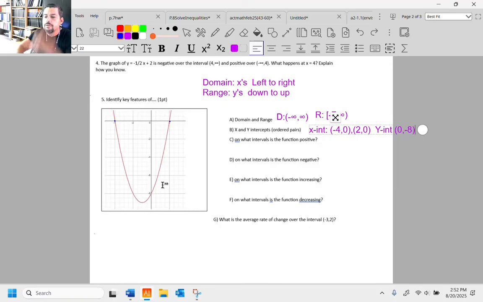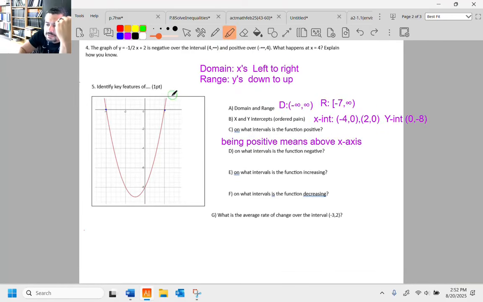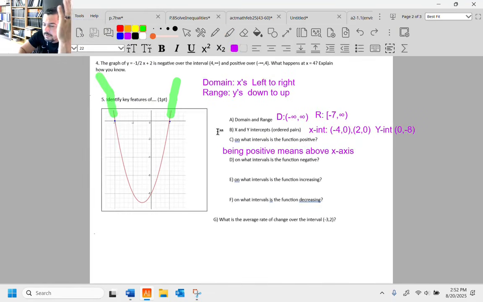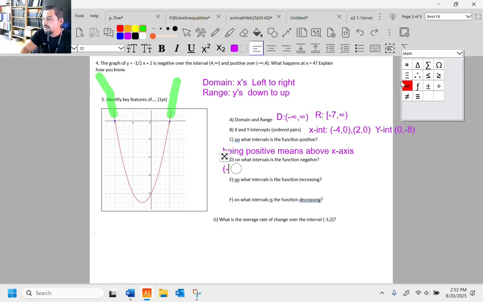Alright. On what function intervals is the function positive? Now, do remember that being positive means above the x-axis. That's what it means to be positive. And that's happening here and forever as you move right, and here as you move left. So if we talk about the left interval first, which we should do, we are positive from -infinity all the way until we get really, really close to that x value of -4.